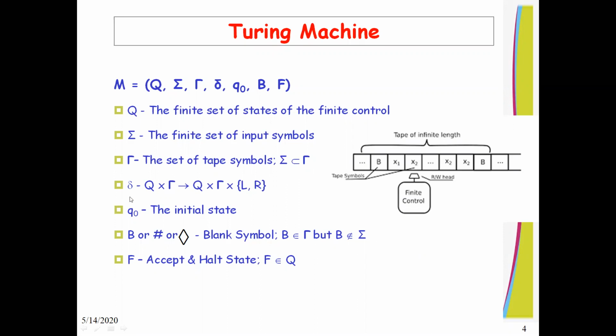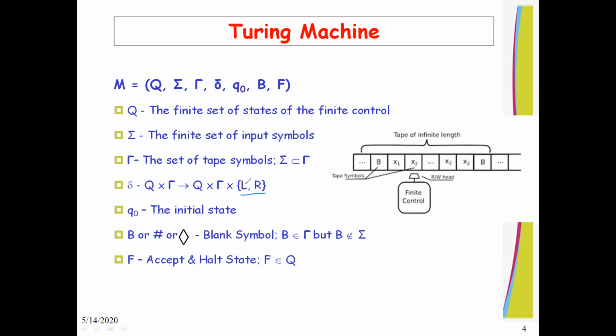Now, how does the transition function work in the case of the Turing machine? It works as Q cross tau, and the special thing here is that you have to mention the direction also. In the previous model, we didn't require this direction because we assumed that the head can move only in the right direction.